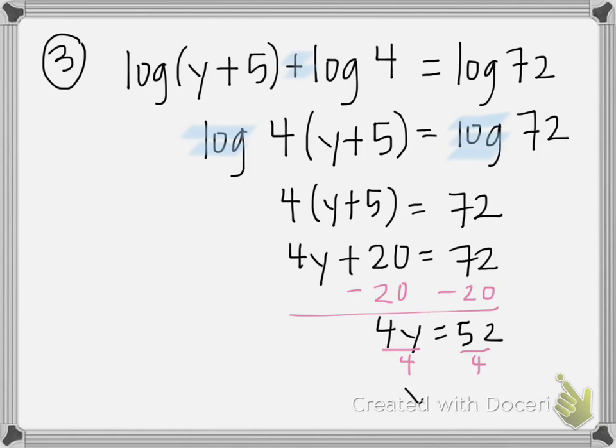So y is going to be equal to 13. So if you look, does that make sense? If I plug in 13 anywhere, that's good, right? The only place you really plug it in is right there. So that's okay. So we're good with that one.